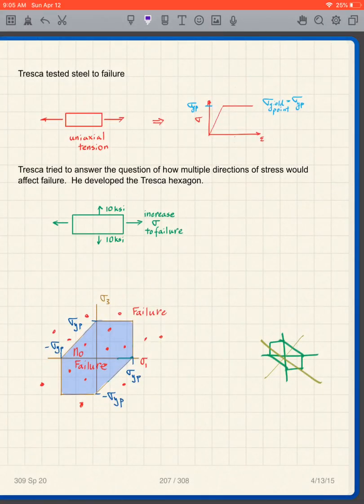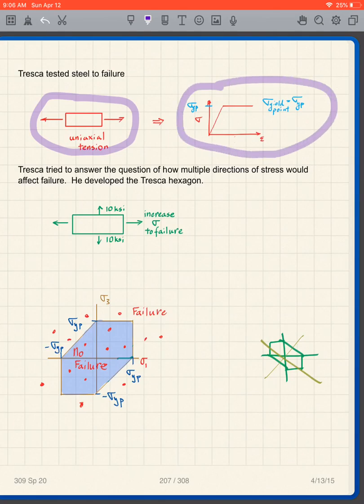All right, I want to talk a little bit about failure under complex stress conditions. When you took your materials class in the laboratory, you did a uniaxial tension test. And from that test, you got a stress strain curve.